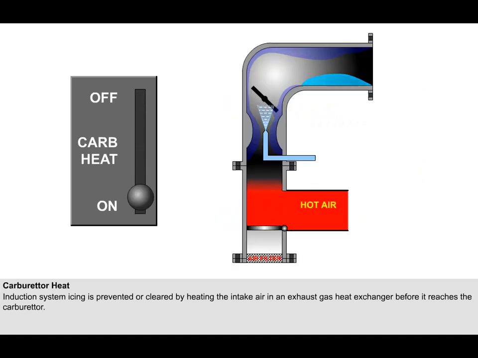In the hot or on position, a valve is repositioned to bypass the normal intake filter and feed the induction air from the heated source. It is worth noting that the hot air supply is not filtered.